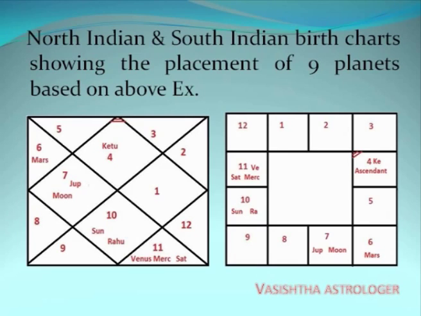Seventh house, Saptam Bhav or Kalatra Bhav, is occupied by Capricorn.